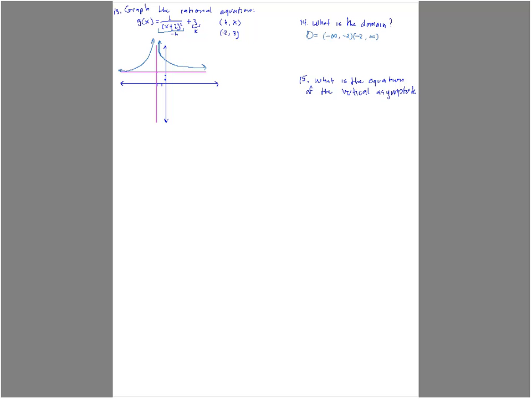And the equation for the vertical asymptote, well, that vertical asymptote is this line right here, which is located where x is equal to -2. So the equation is literally x is equal to -2. And that is the solution to the problem.